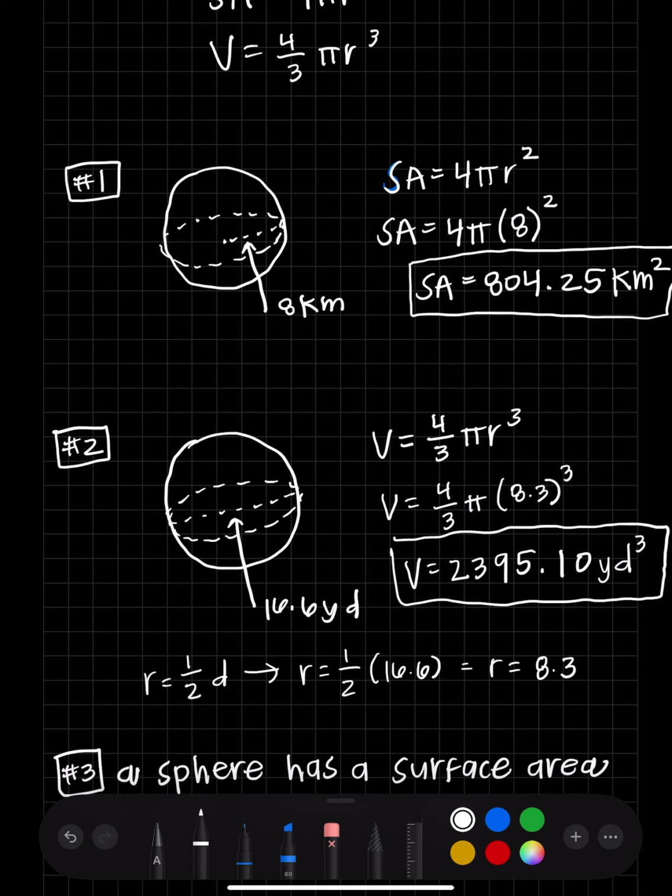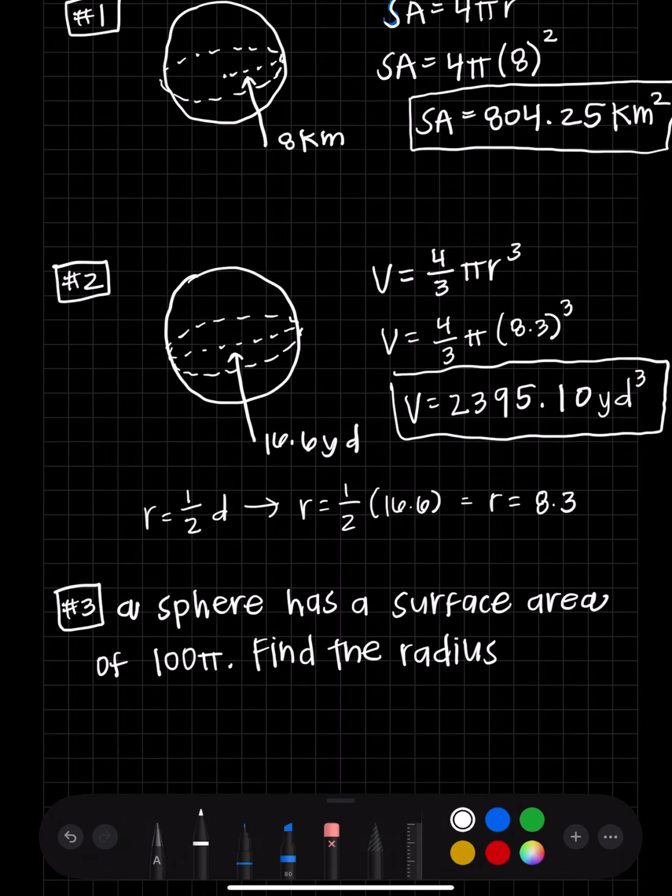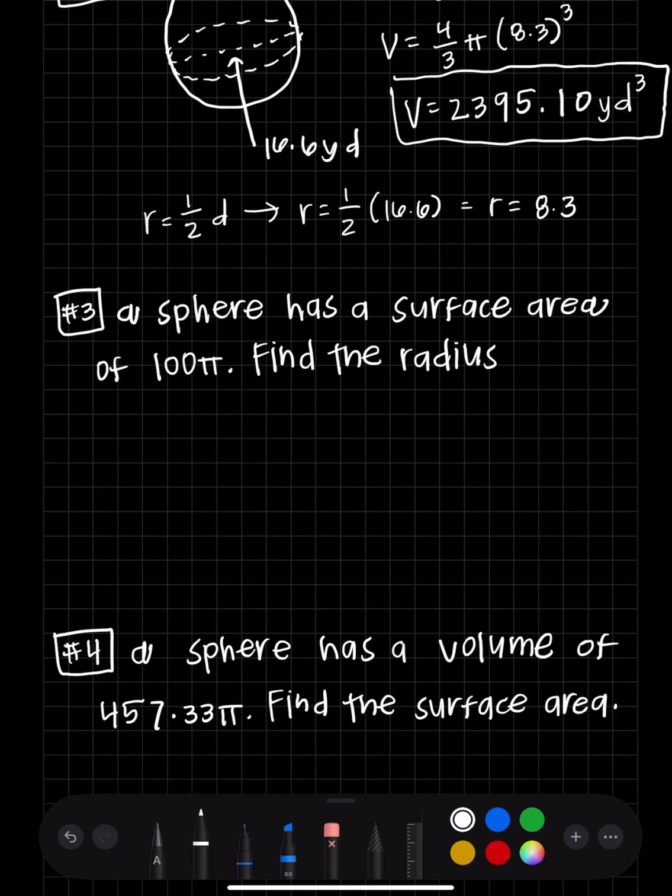Now the other two examples on here, because there's only one variable that we have to use, we're going to convert between surface area and volume, or volume and surface area. So example 3 says a sphere has a surface area of 100 pi. Find the radius.